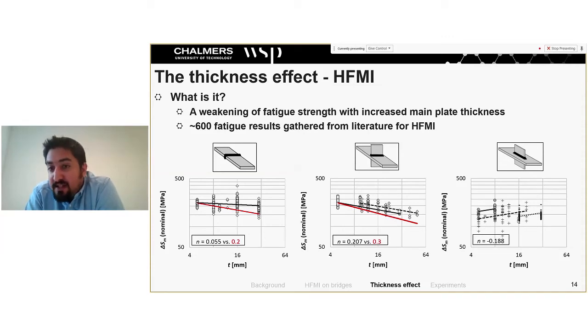So increasing the plate thickness actually seems to increase the fatigue strength. And for instance, in the IIW, International Institute of Welding recommendations, they say that you should perform such a reduction of the strength, which doesn't seem to actually reflect reality.